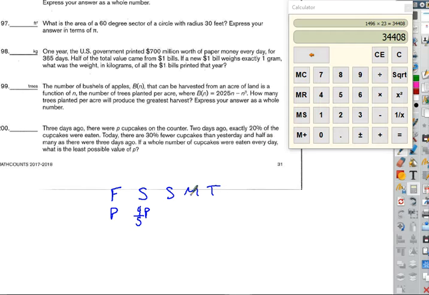So in 3 days, we have 1/2 p. And so then here, we need to figure this out, right? So we have 30 fewer cupcakes yesterday. So that means we have 30% more. How am I going to express this?